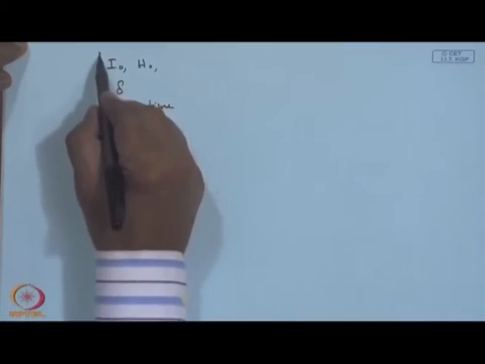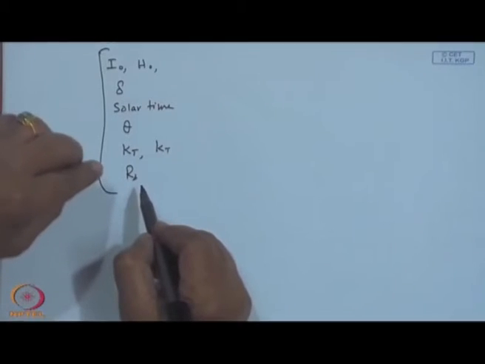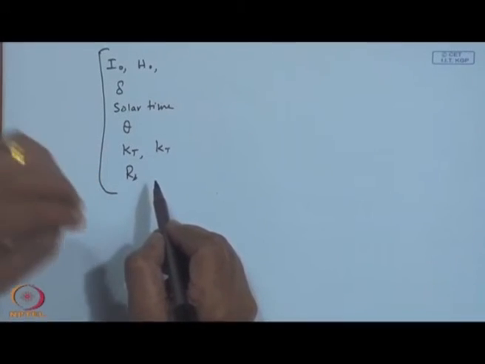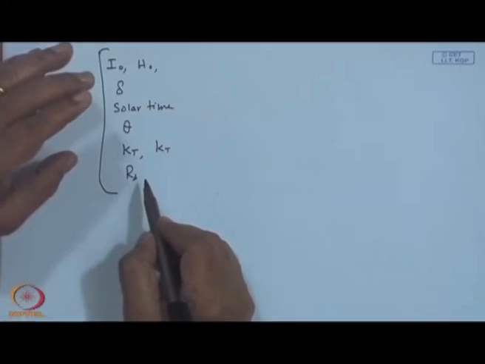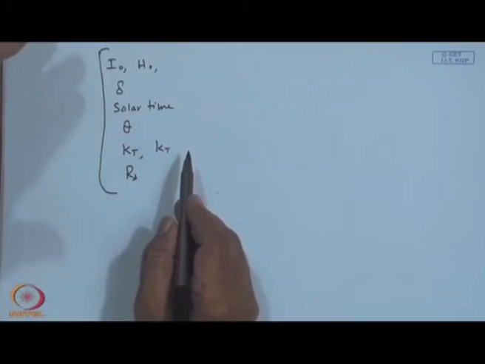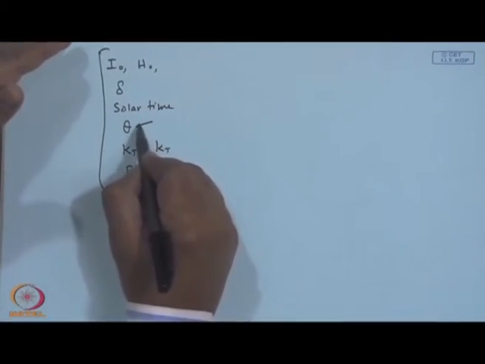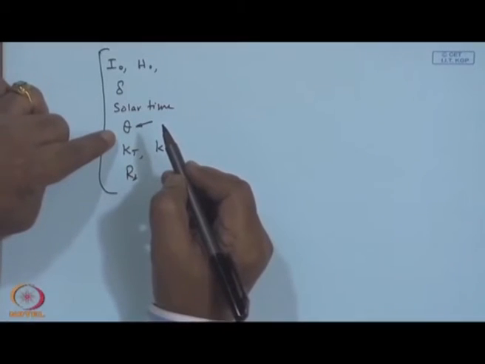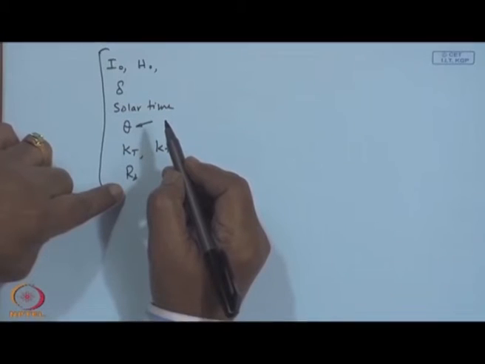We found a pattern that in general, if you appropriately orient your collector, RB will be high in winter, and of course, clearness index has something to do with the solar radiation as received. Similarly, angle of incidence will be favorable in December when RB is high.